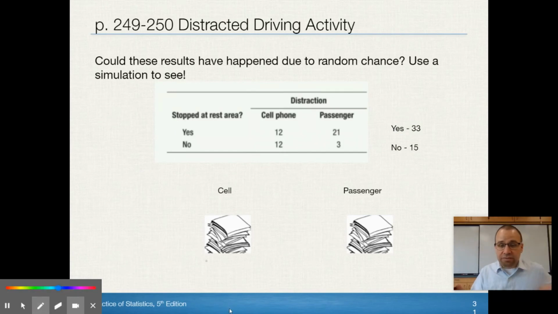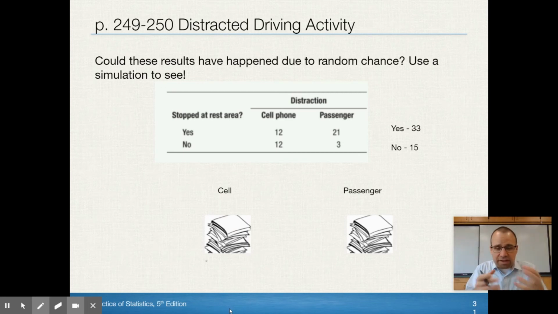After shuffling, you would assign half of them to the cell phone group, half of them to the passenger group, and you would count the number of nos in each group. That means that they were distracted.